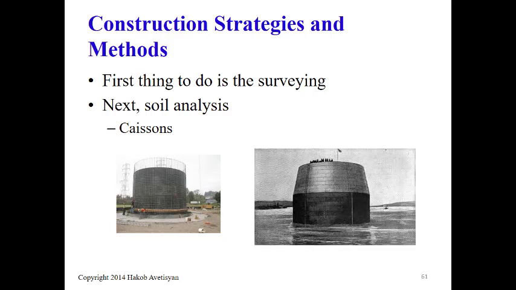The idea is to build this system so that it can either be taken to the final positioning point in the water and then immersed, or be built in place step by step and then lowered into the water and the soil under the water.